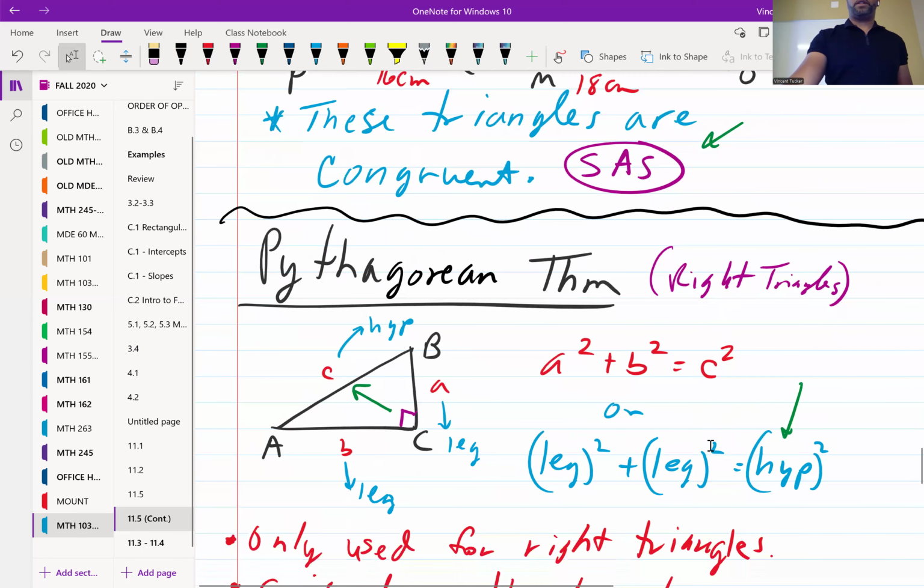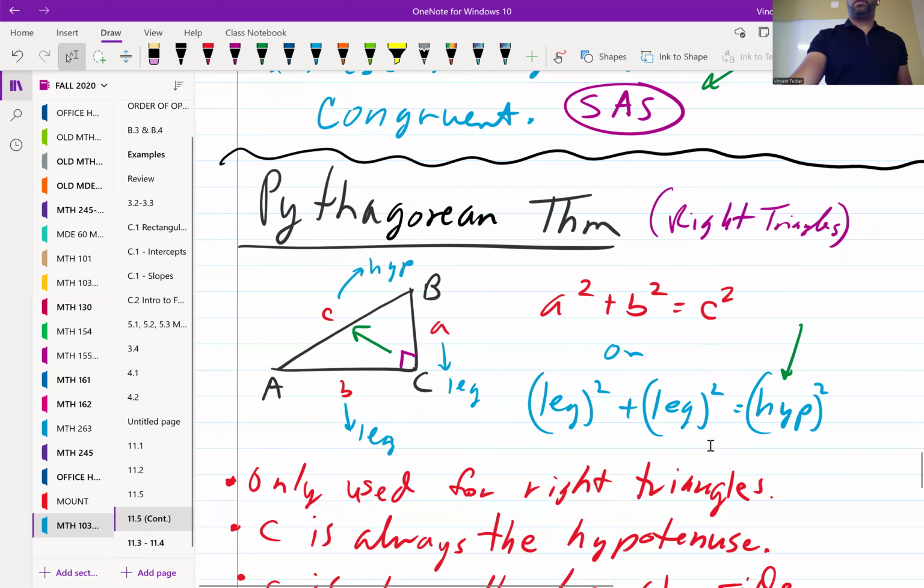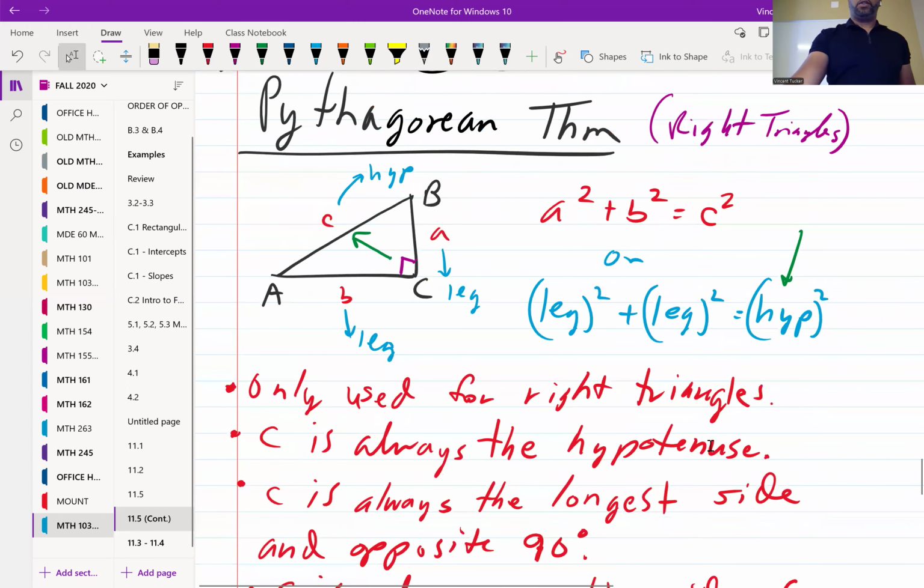Scroll up on that last one. All right. And so these are just some of those same statements that I mentioned. Like it's only used for right triangles. C is always the hypotenuse. C is always the longest side and opposite 90 degrees.